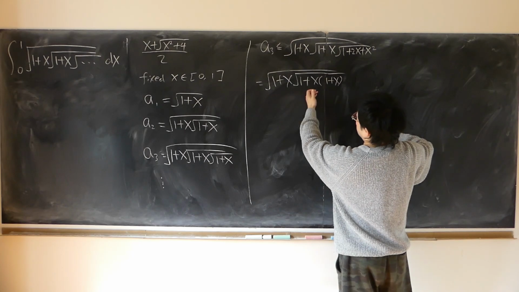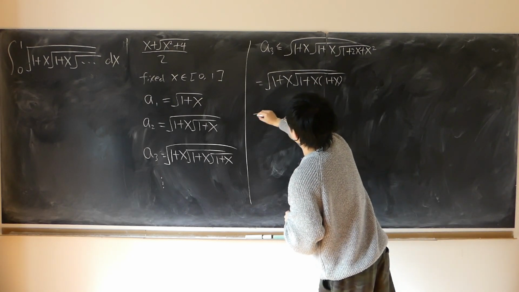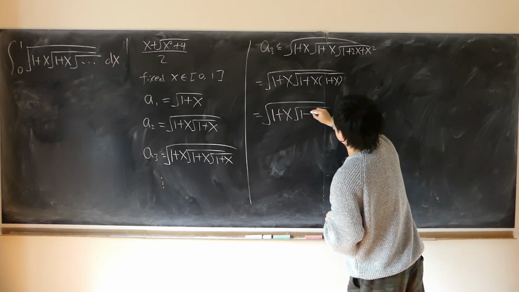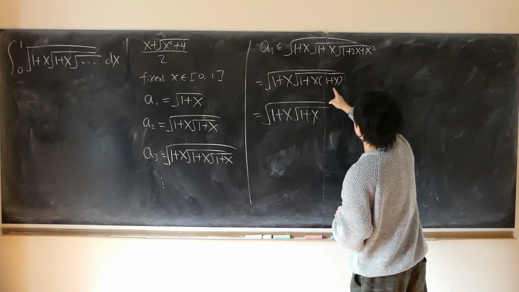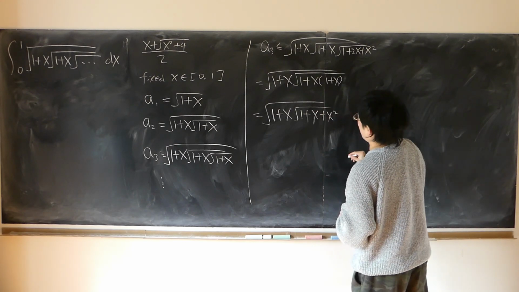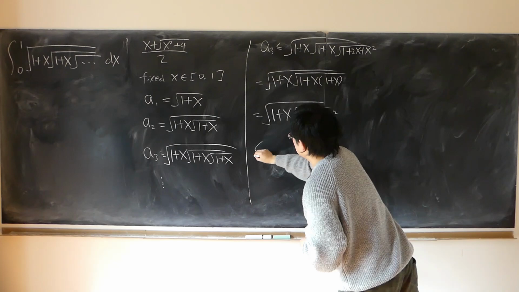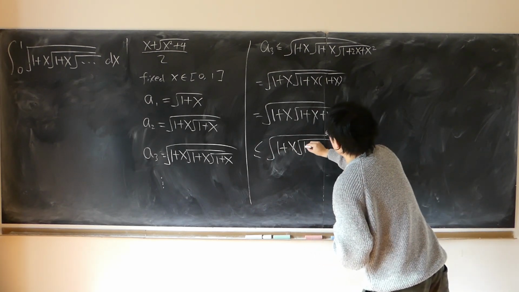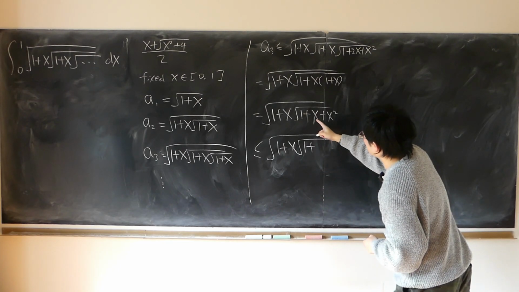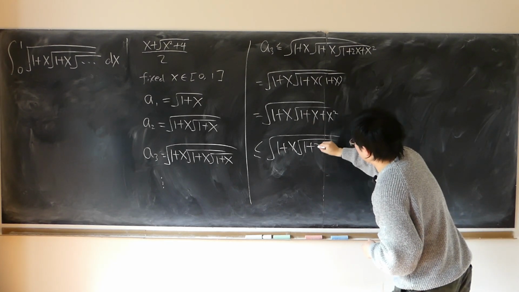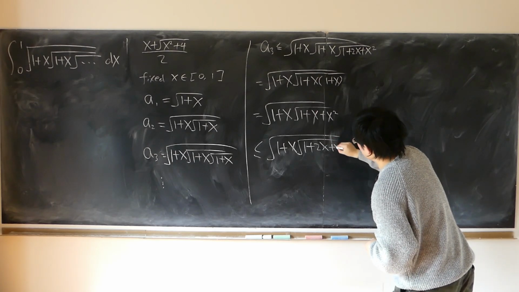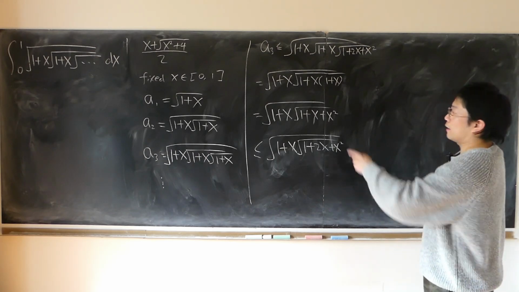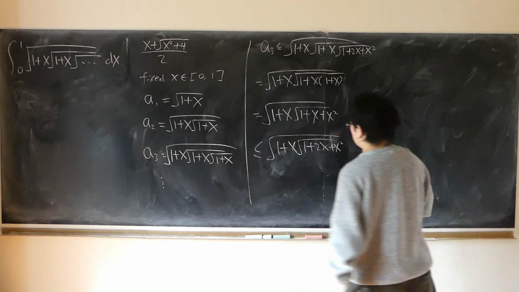Now we have 2 roots, still plus x times 1 plus x squared. But this is no larger than 1 plus x times 1 plus, on top of that, x, so 2x plus x squared. So this is further loosened because x is here.